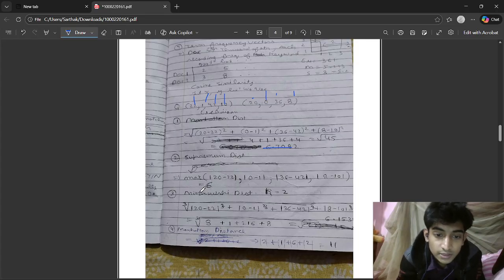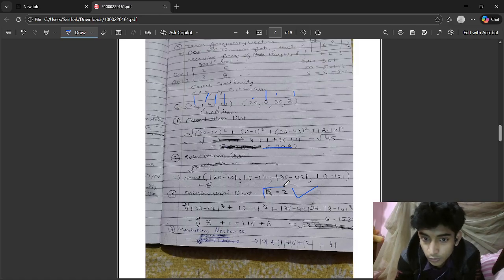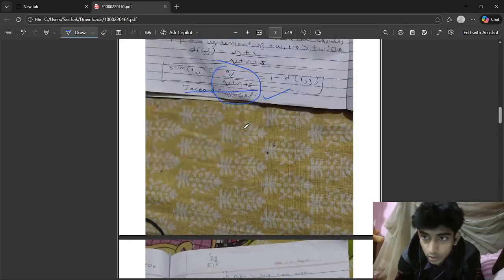We get the value as 6. Similarly, we calculate with the Minkowski distance formula. We have taken k equal to 2, which will give the same outcome as the Euclidean distance, right? Then we do it with Manhattan distance, which will be 11, right? So we have calculated the distances.